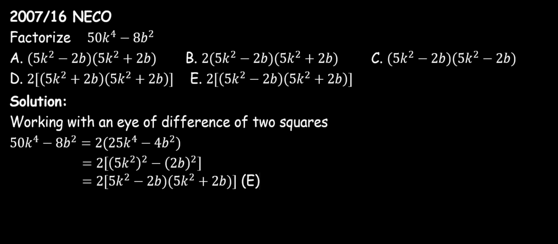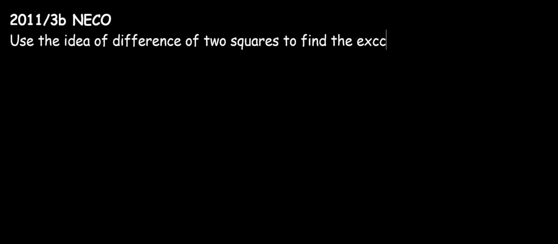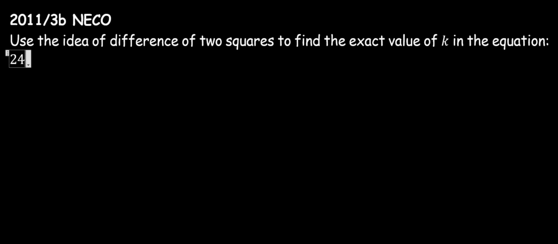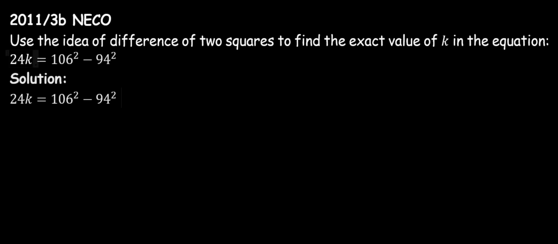Another example. Use the idea of difference of two squares to find the exact value of k in the equation 24k = 106² − 94². Solution. First of all, we write out our given problem. From here, we now simplify the right hand side.